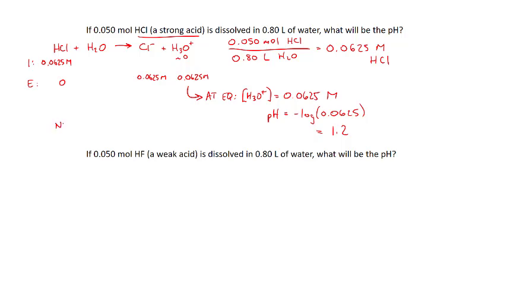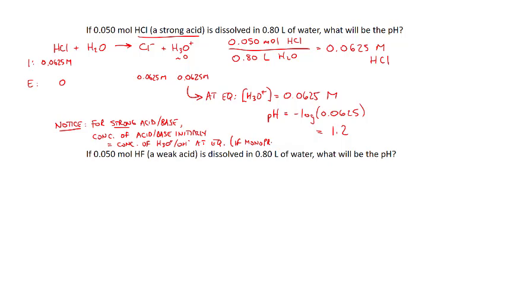Now notice here, because this is a strong acid, and the same thing would be true for a strong base, the concentration of acid or base initially, before the reaction takes place, is equal to the concentration of H3O+ or OH- at equilibrium, in the case of a monoprotic acid or a base.